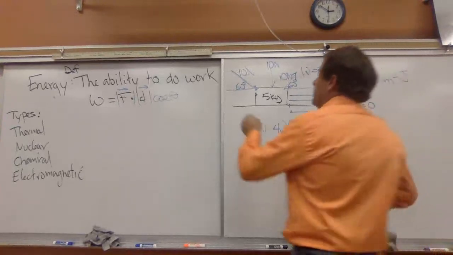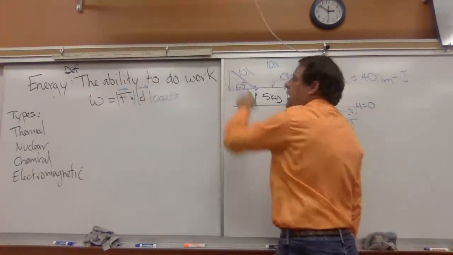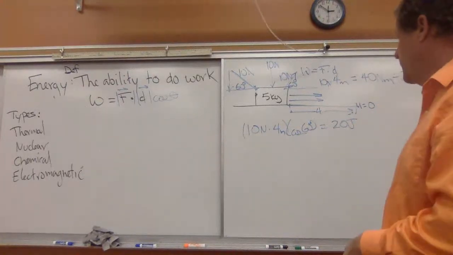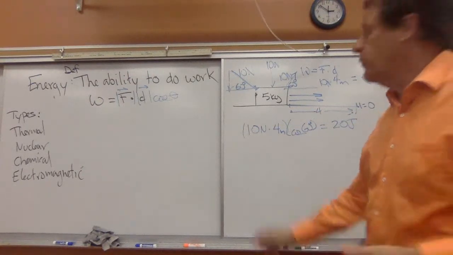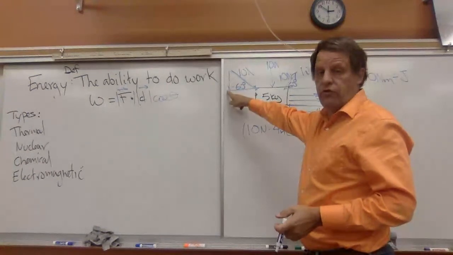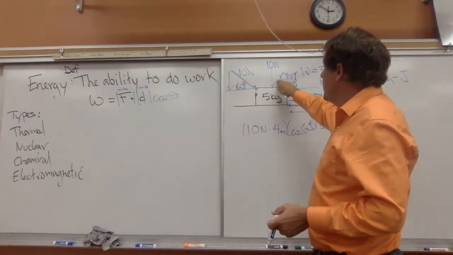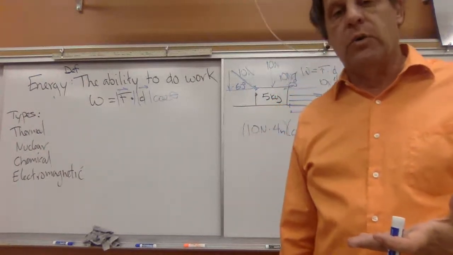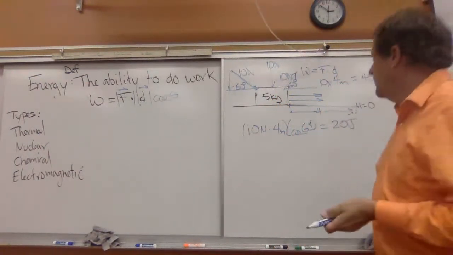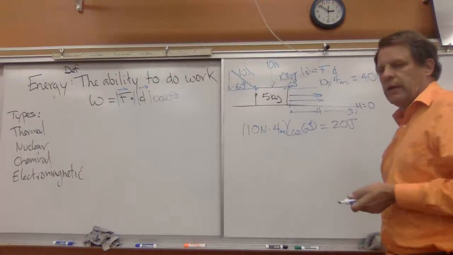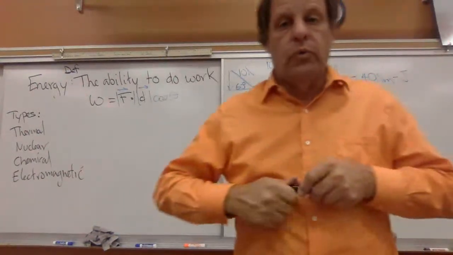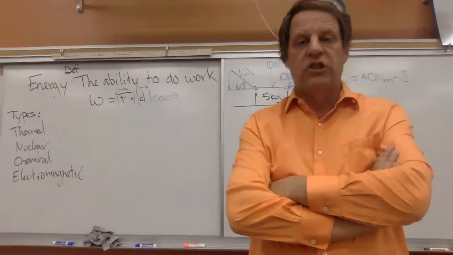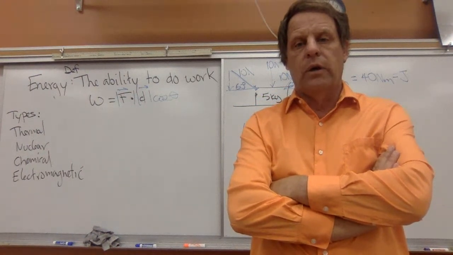The sine component is perpendicular to the displacement, and therefore that component does 0 work, in the same way that when this 10 is going straight down, it has no component. So that is one way to think of that definition of work.